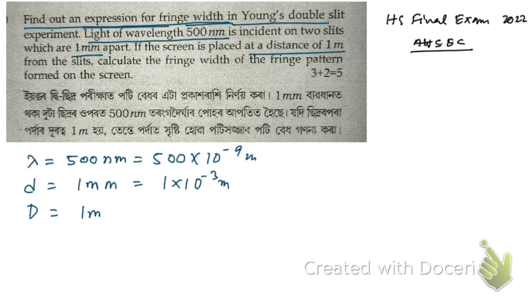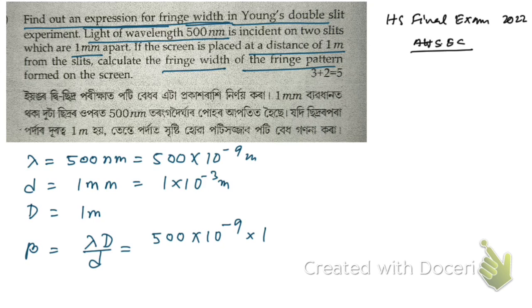We need to find the fringe width, that means beta, and fringe width is given by lambda capital D by small d, as I have already shown you how to derive this. So lambda is 500 into 10 to the power minus 9 meter, and capital D is 1 meter, divided by small d, 1 into 10 to the power minus 3 meter.